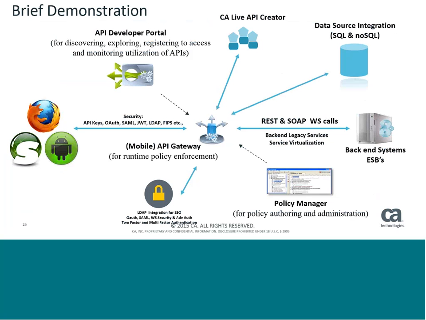Now, for the demo purpose, I'm going to use Policy Manager, where the actual development of the policy will be executed, and also the gateway is in the middle, as you see there. The gateway we can integrate with any kind of LDAP, Active Directory, Kerberos, and so on and so forth for internal user authentication and authorization. And also Live API Creator can be integrated directly for publishing the APIs.